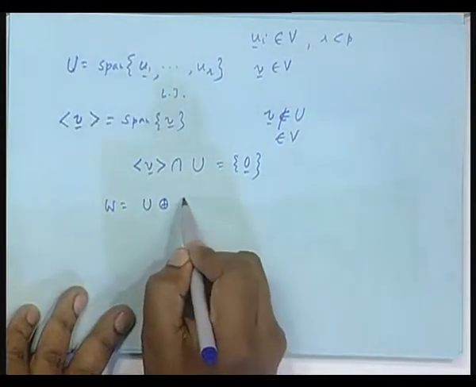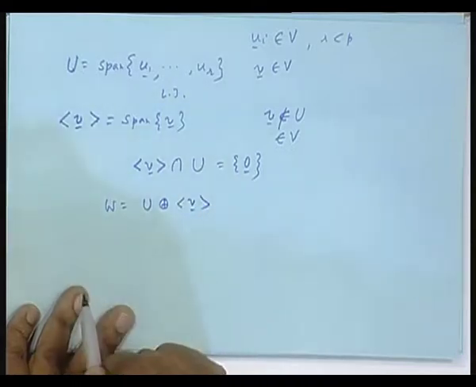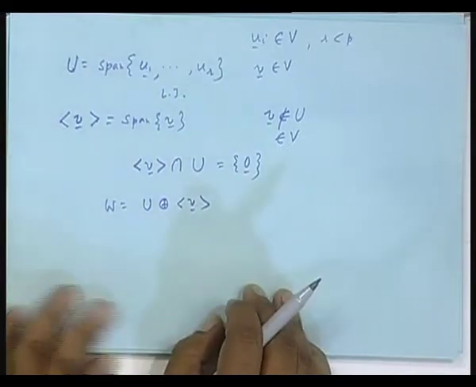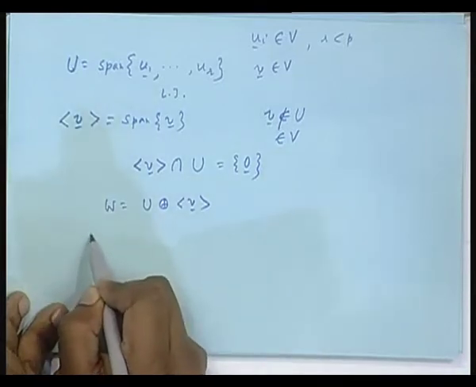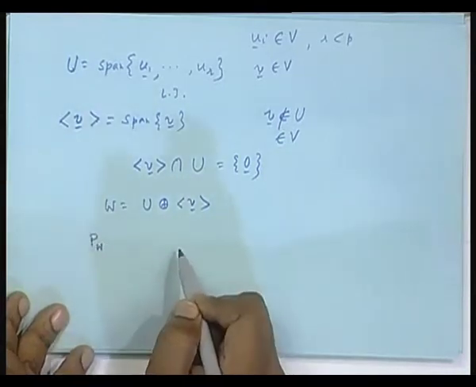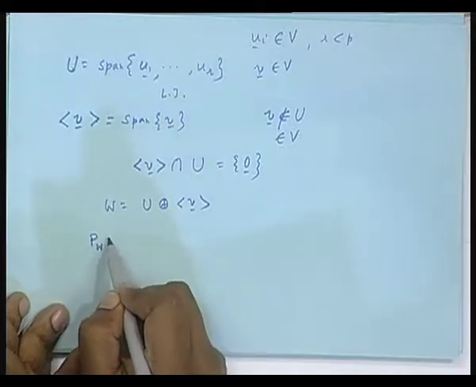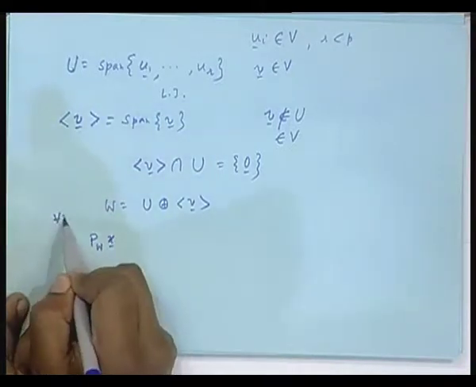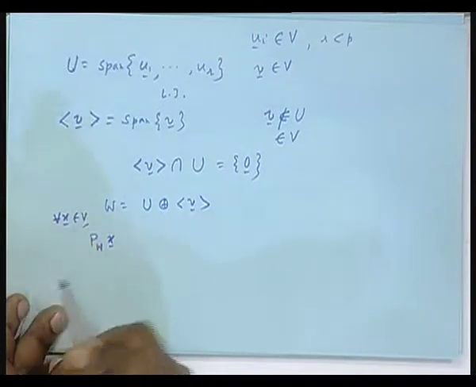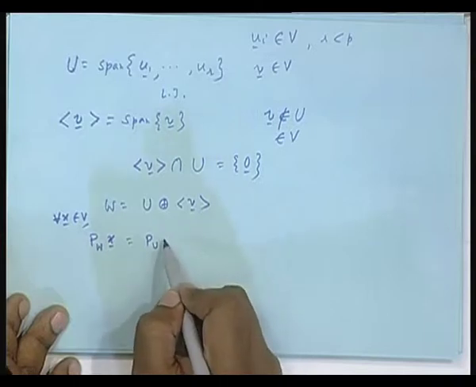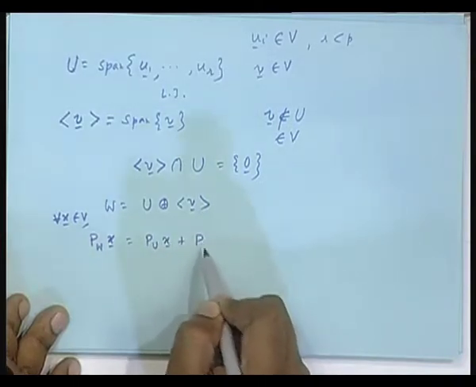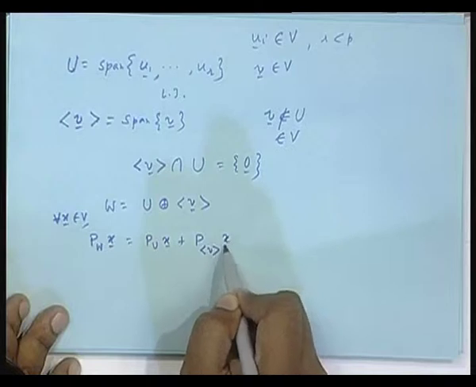Then I call the space W. In that case, you all know P W x for any x element of V, P W x will be, we have just said this in the beginning of the class today, P U x plus P v x.